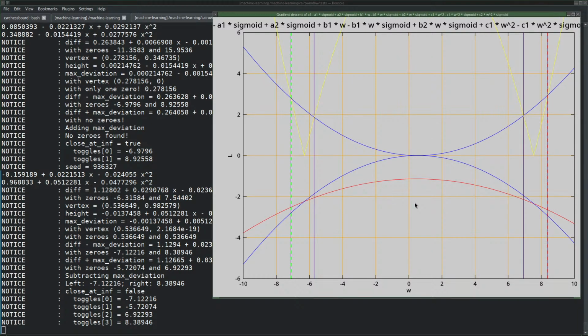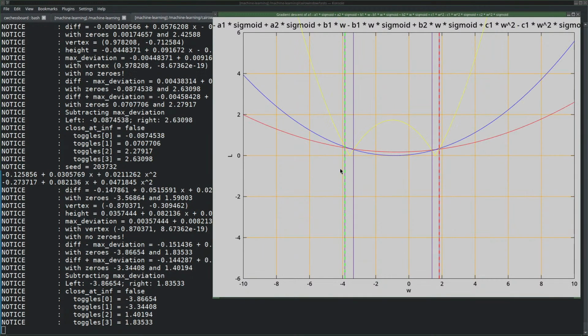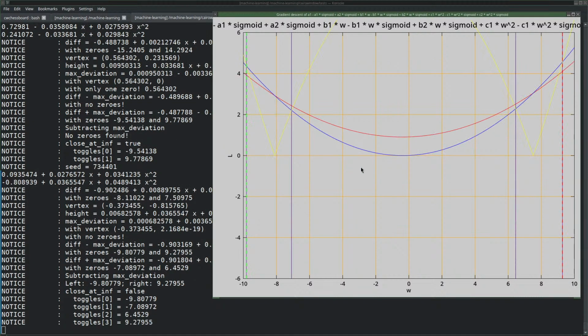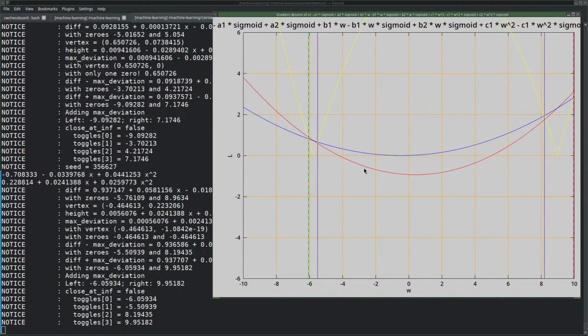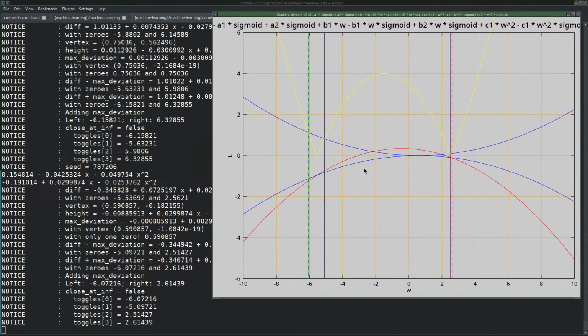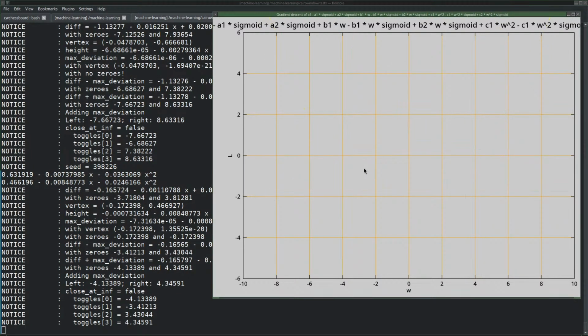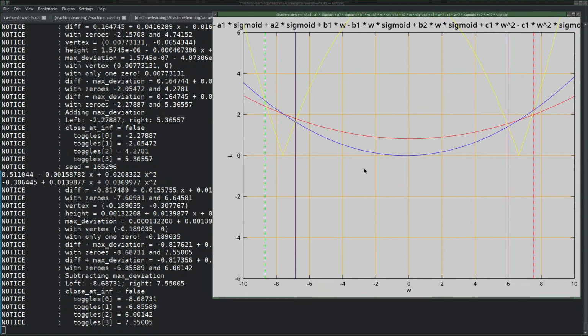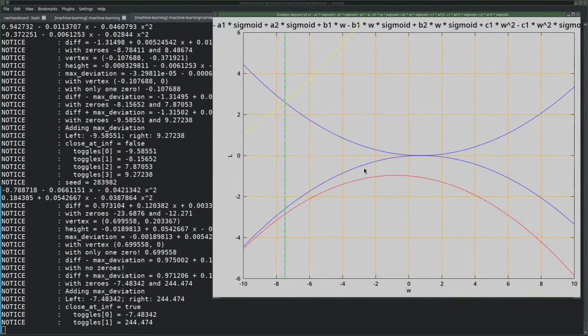I still want to find one where they're not on the outside, which is almost always the case, I must admit. That is maybe going to take forever before I find one. What is this? -7 and 244. Yeah, I can't see that one.